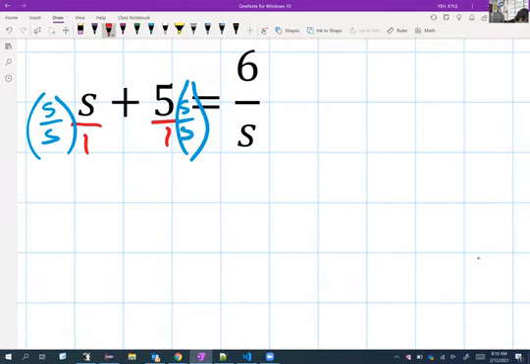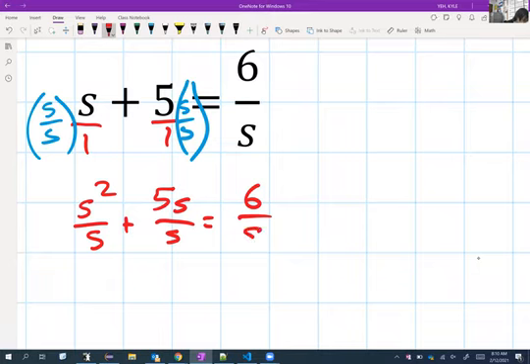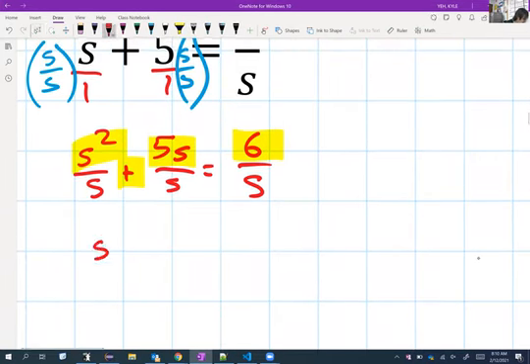And now we should get s squared over s plus 5s over s equals 6 over s. Common denominators, let's just pick off the numerators and solve that then. s squared plus 5s equals 6.